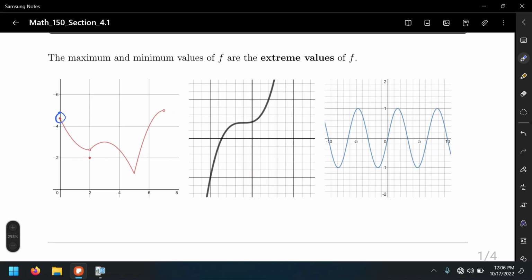That's one of the maximums. We have another maximum here. You know how the graph goes from increasing, reaches a maximum point, and then starts to decrease. And we have another maximum point, if you will, even though it's not defined. So I'm not going to include this value because it's ultimately not defined at that point. So those are the maximums. Let's label them as a maximum. And also, this is another maximum.